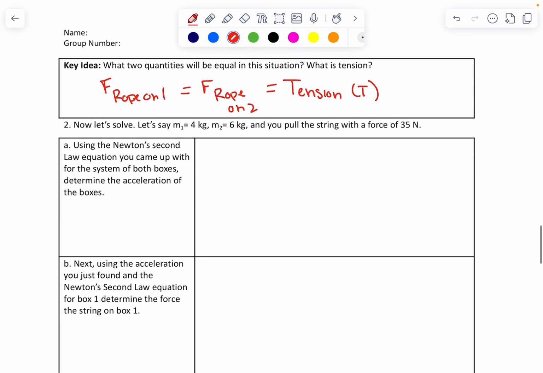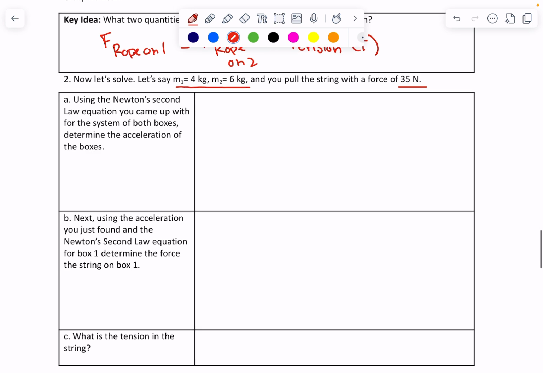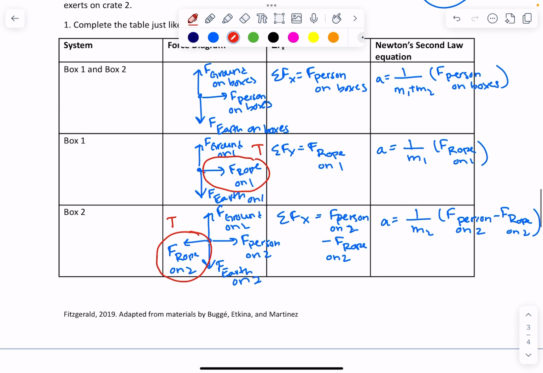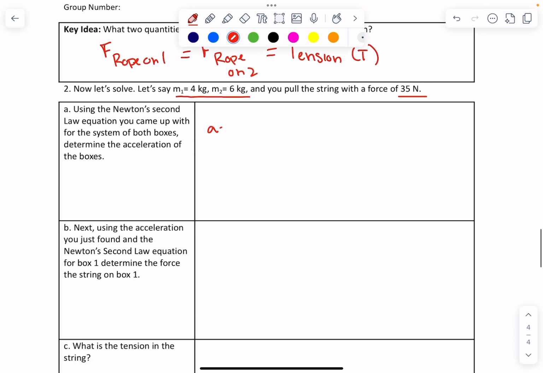Now we're going to put in some numbers and solve. Mass 1 is 4 kilograms, mass 2 is 6 kilograms, and you pull the string with a force of 35 newtons. Using the Newton's second law equation for the system of both boxes, let's determine the acceleration. Acceleration is 1 over m1 plus m2 times the force of the person on the boxes.